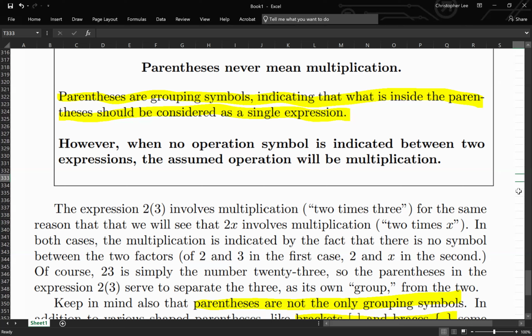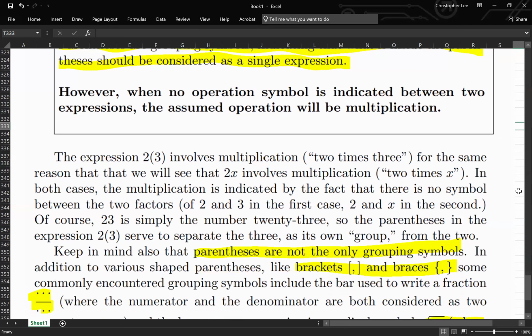Of course, 23 is simply the number 23. So the parentheses in the expression 2(3) serve to separate the 3 as its own group from the 2. Keep in mind that parentheses are not the only grouping symbol.